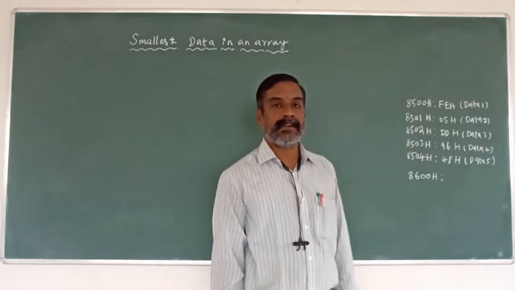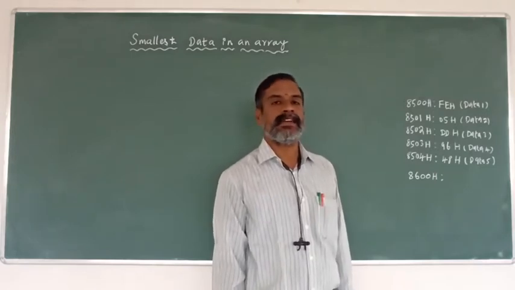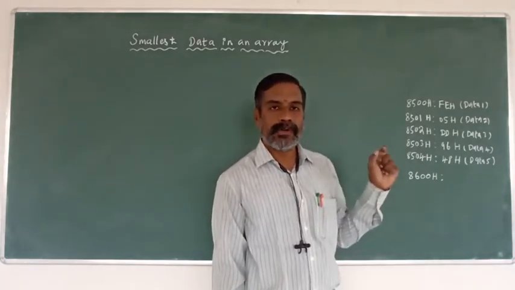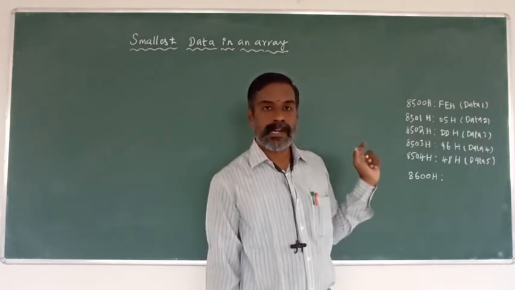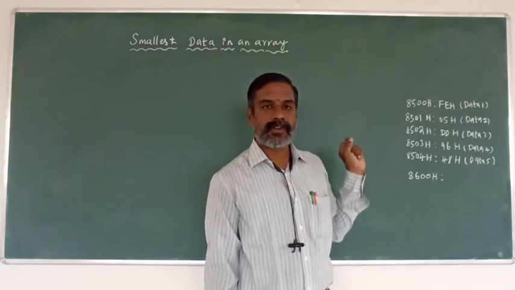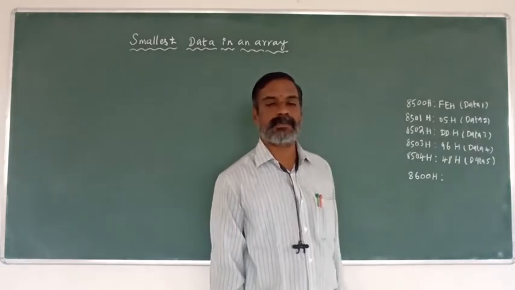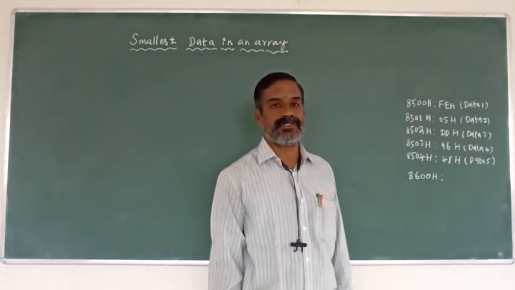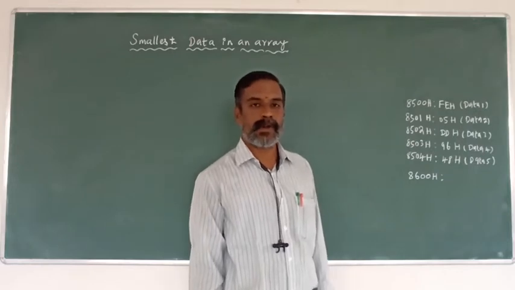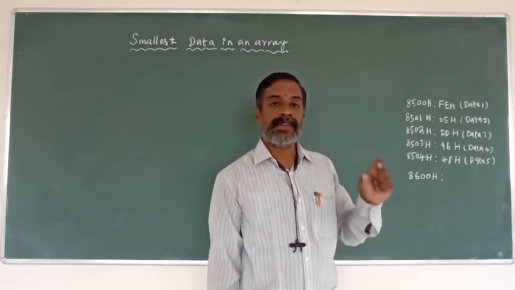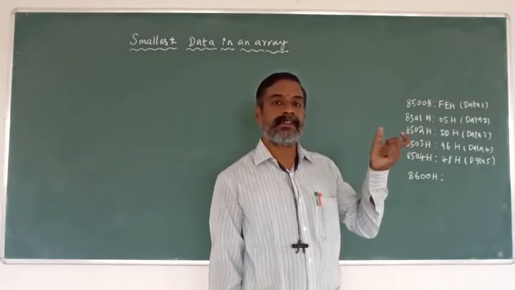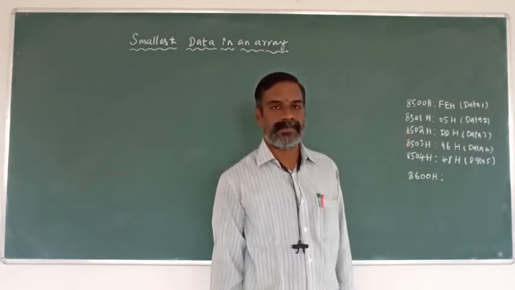In that memory, we have to load FF. In the smallest program, we have to load FF. In the largest program, we have to load 00. In the smallest program it means we have to load the 8-bit maximum value of data, FF.